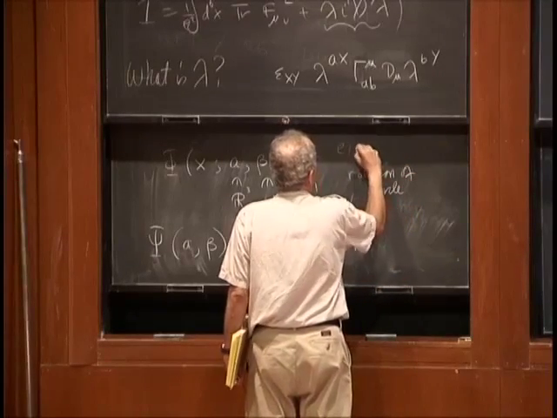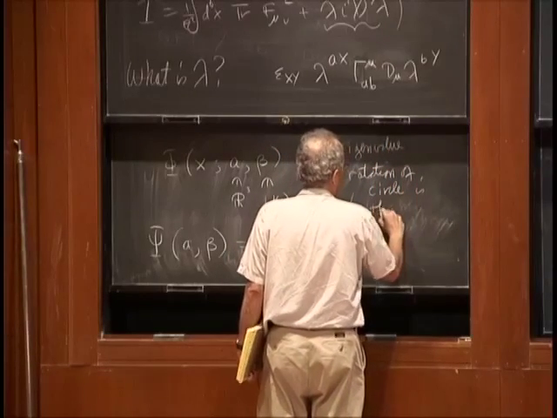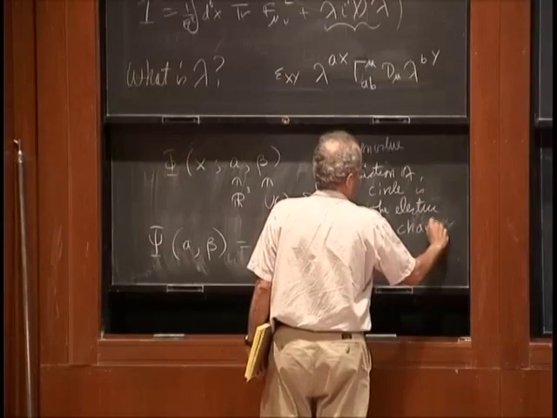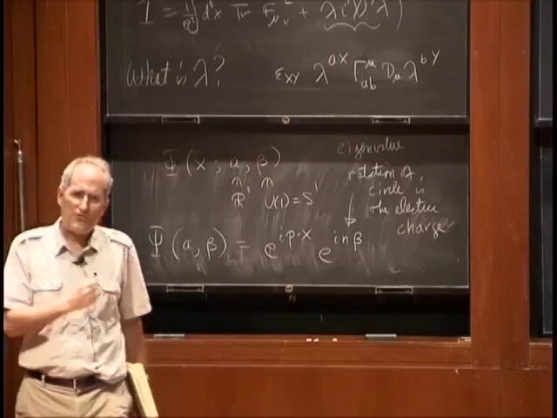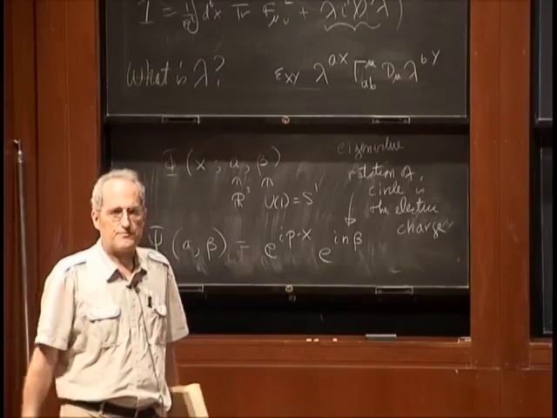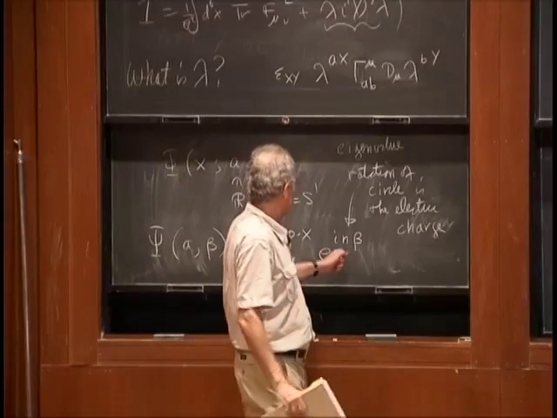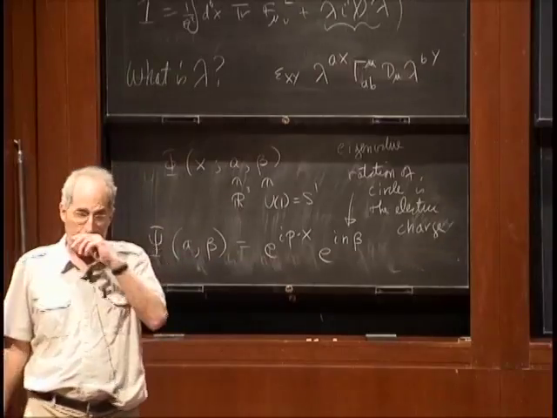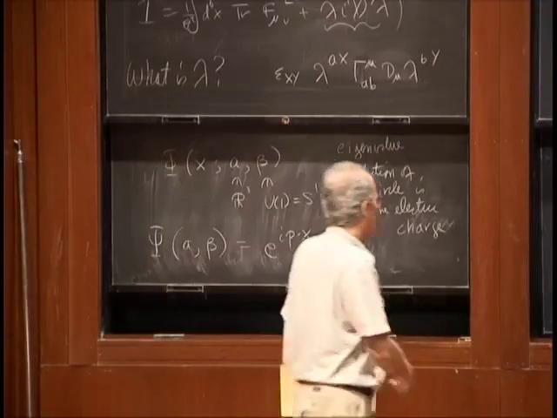The eigenvalue of the rotation of the circle is the electric charge. Almost. There's a catch which we'll come to in a second. So since n is an integer, but otherwise unconstrained, we get monopoles with arbitrary integer electric charge.